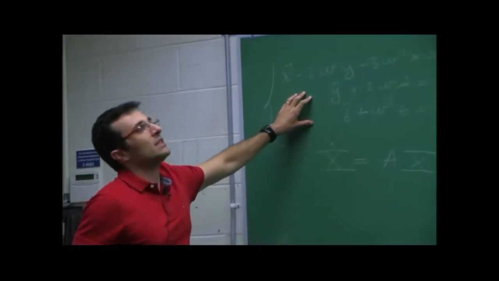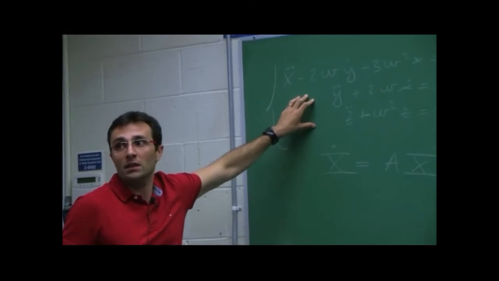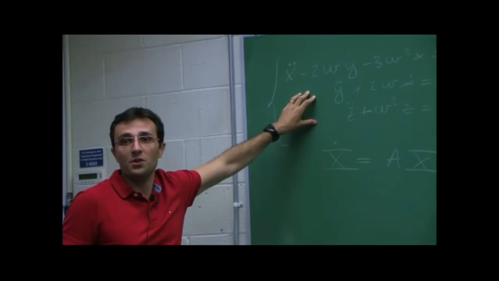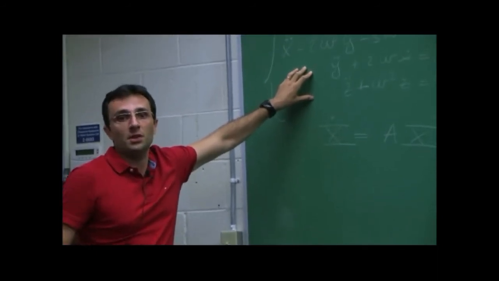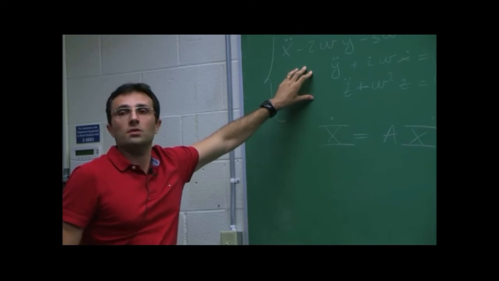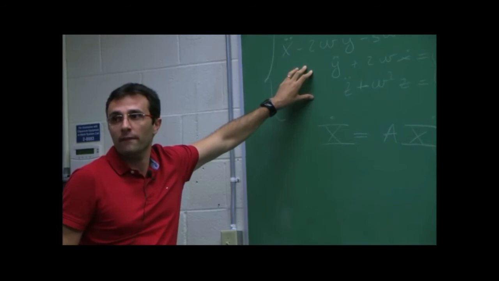The two objects are relatively close to each other. We'll see with some simulations how close they can be until these equations break down, because these equations do break down. If your satellites, chief and deputy, are 1,000 kilometers away from each other, these equations, forget about using them. They're not going to approximate reality very well.